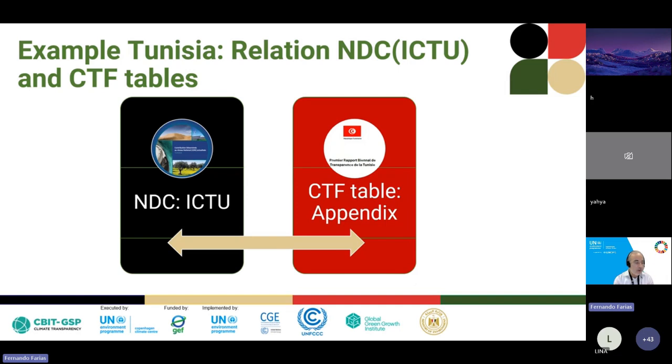In Cairo, I had the opportunity to present this example I like very much of Tunisia, because what Tunisia did was a good integration between the last NDC presented by Tunisia, not the NDC 3.0, but the last NDC presented by Tunisia, which correctly uses this relationship between the ICTU tables in the NDC and the CTF tables in the appendix.